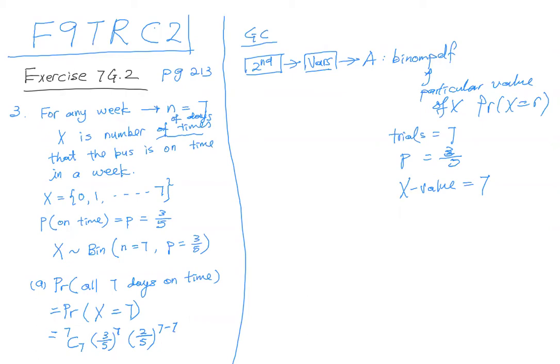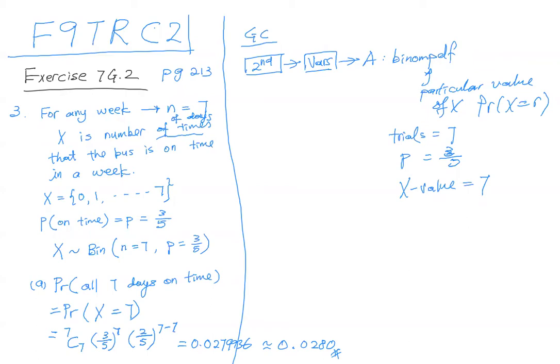Enter. Okay, so you get 0.0279936, correct? So you approximate to 3 significant figures, 0.0280. Okay? Done?